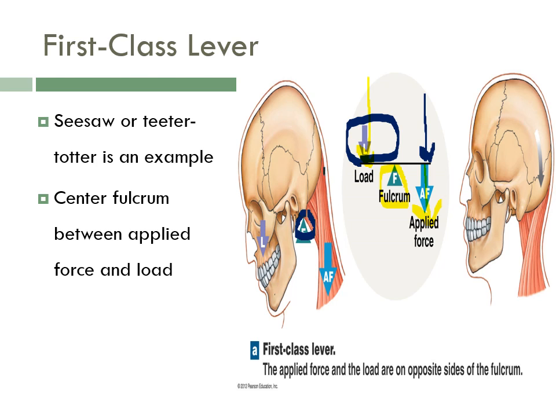So instead we have an applied force, which is the pulling of the muscles in the posterior neck, and they are offsetting the weight of the head so that you can keep your head upright. The applied force is working against the load because it's pulling on the back of the head to pull the head up, versus the load, which is trying to pull the head down.